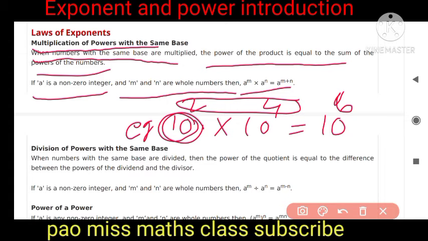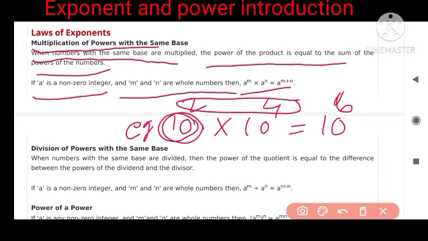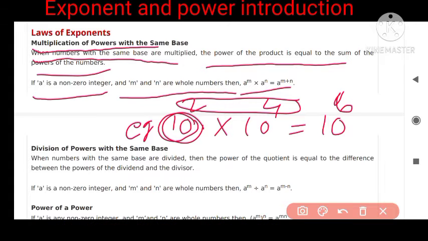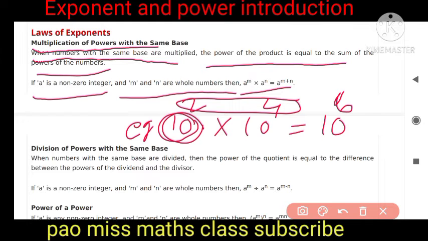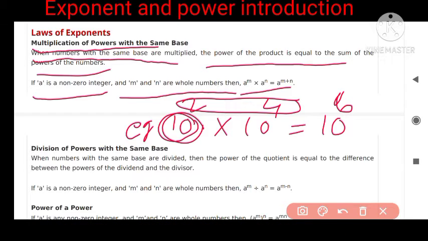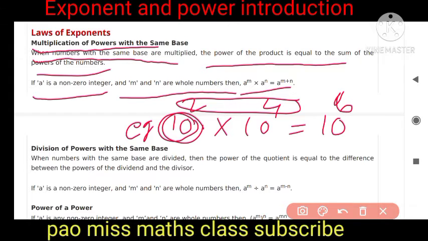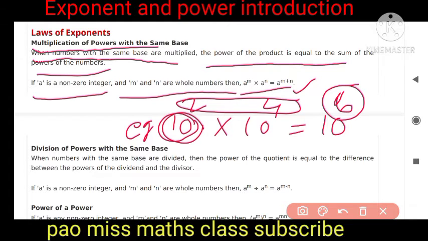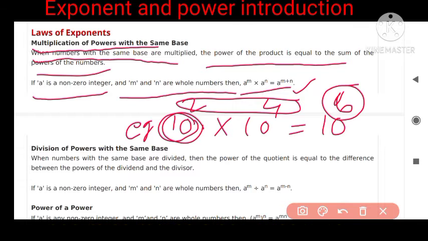So the first law of exponent: a to the power m multiplied by a to the power n, when the bases are same and they are multiplied, is equal to the sum of their powers, a to the power m plus n. Simply we have to add the powers if the bases are same. If the bases are not same, then we cannot apply this.